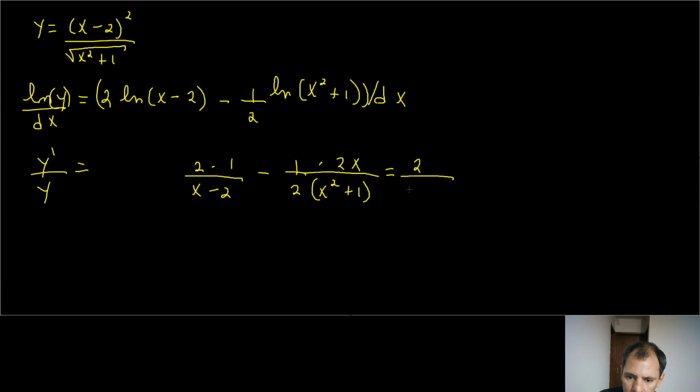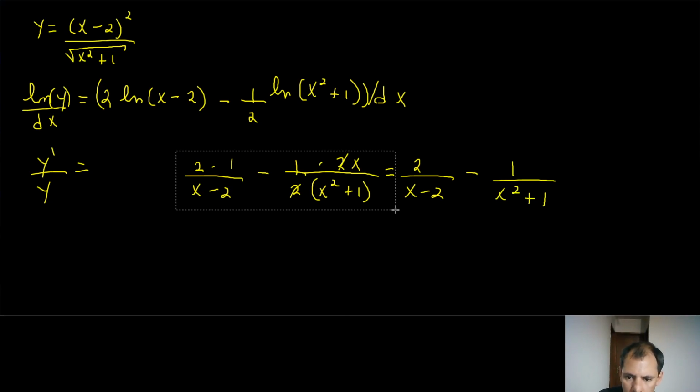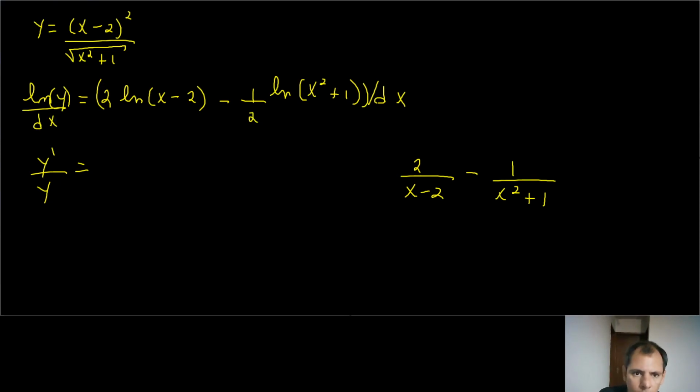So you have 2 over x minus 2, and x cannot be 2, okay? X cannot be 2. Minus this 2 is going to be simplified with this 1, so minus 1 divided by x squared plus 1, okay? So now I'm going to delete this. I'm going to put a parenthesis around it. And this y, I'm going to get it out of here and multiply it in here. And there you go. Okay? So what the heck is this y?